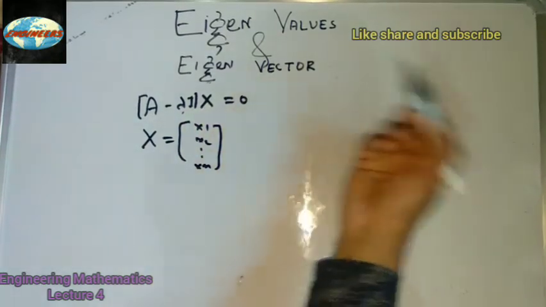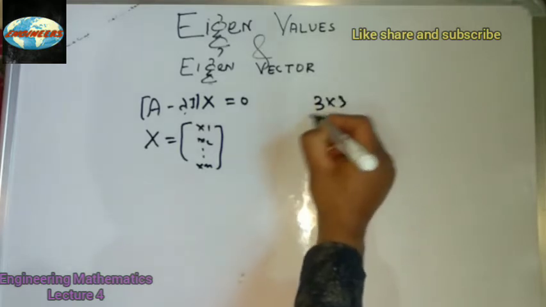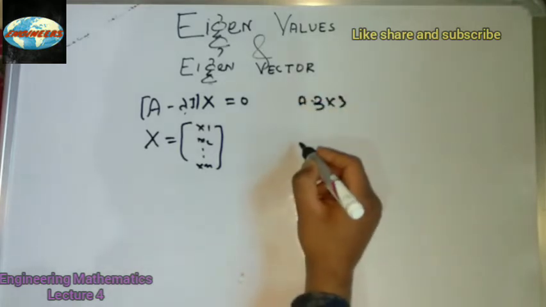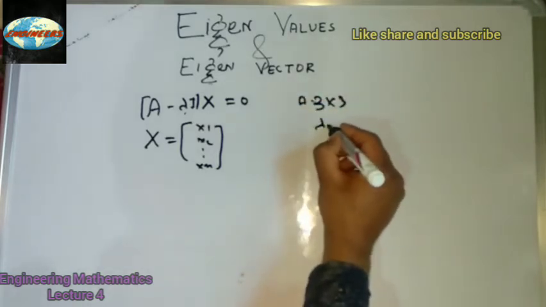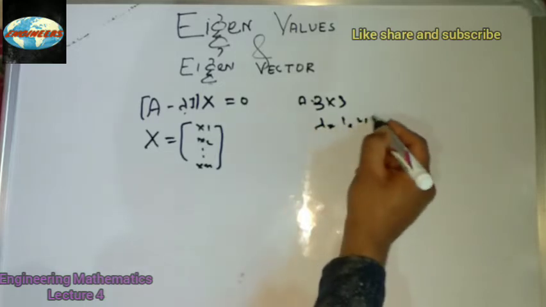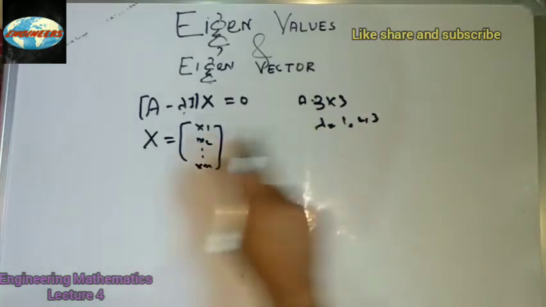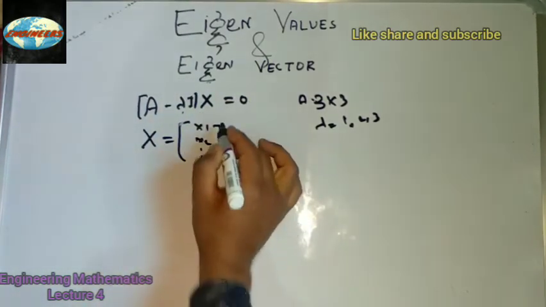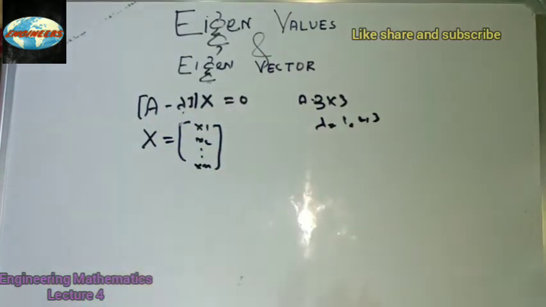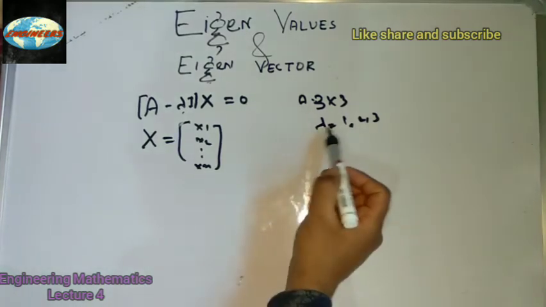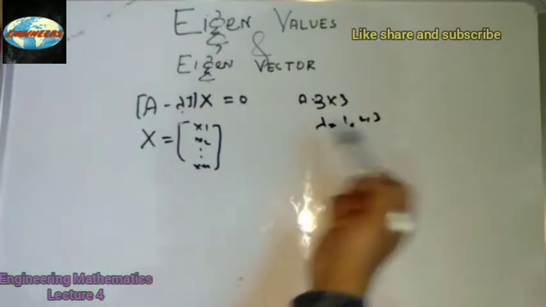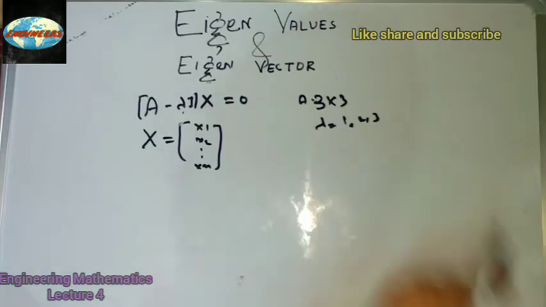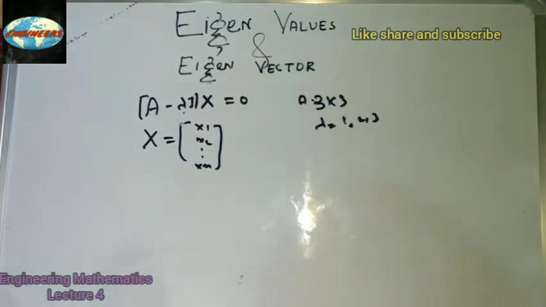That means if A is of order 3 cross 3, there will be 3 values of lambda, say 1, 2, 3. If we put lambda equal to 1 here, we will find this value of x, so corresponding to lambda equal to 1 there will be some eigenvector. Similarly for 2 there will be another, and for 3 another eigenvector.